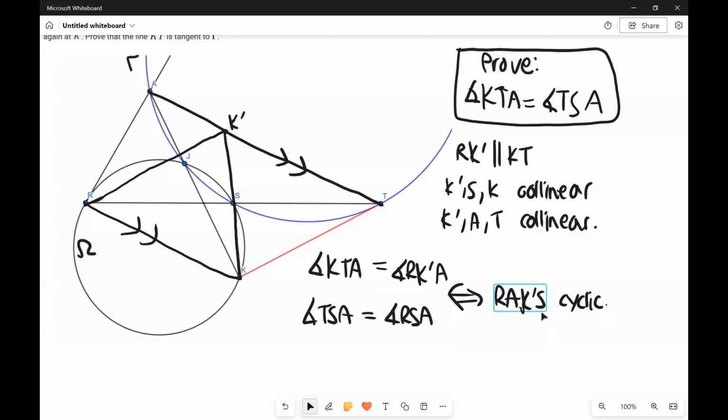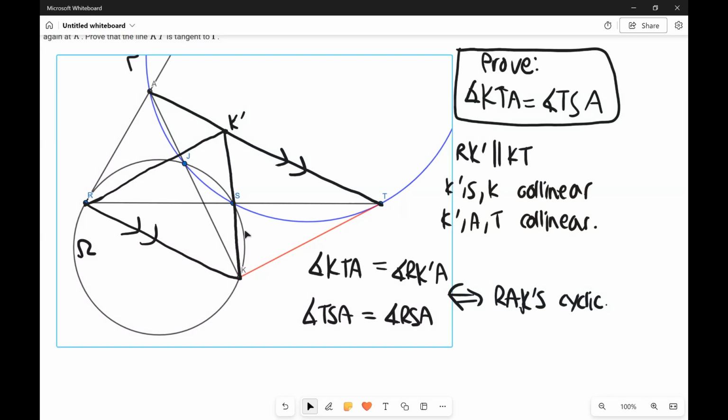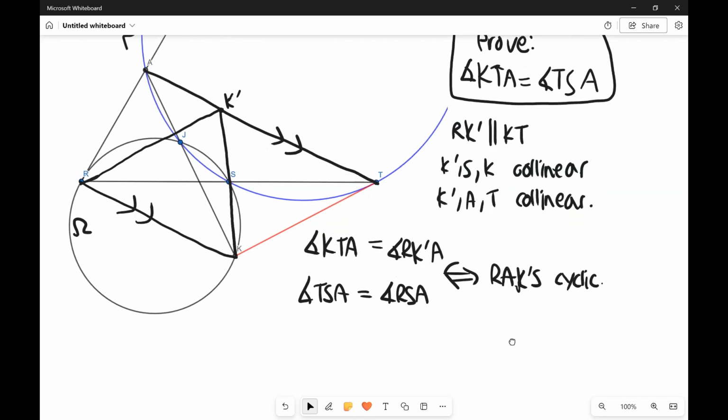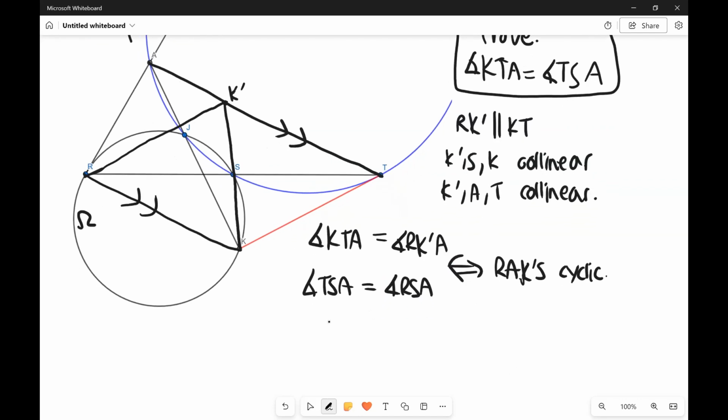So how do we prove that RAK prime S is cyclic in the first place? Well, at this point, recall that we haven't used that AR is tangent to omega. So let's try to use this somehow. Directed angle ARS, which we want to show is equal to directed angle AKS. This is equal to directed angle RKS by the tangency, which is directed angle RKK prime.